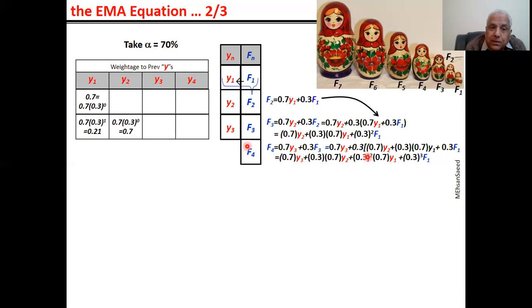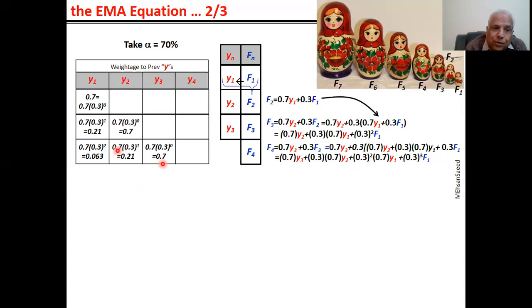So now we can transfer these. This is for Y3, so this goes here. This is for Y2, it goes here. This is for Y1, the earliest, this goes here. And look what is happening.